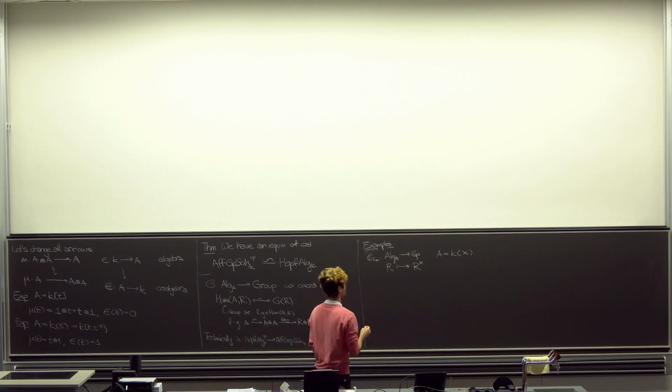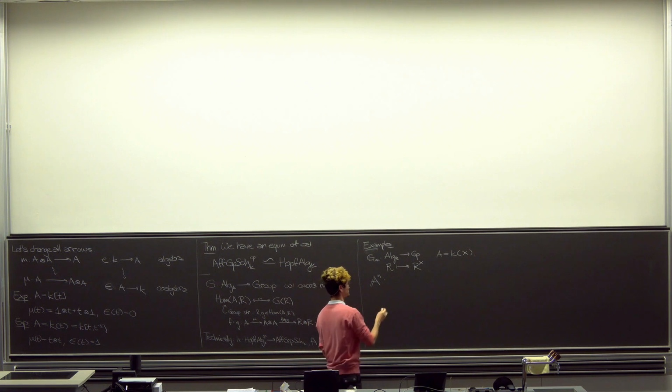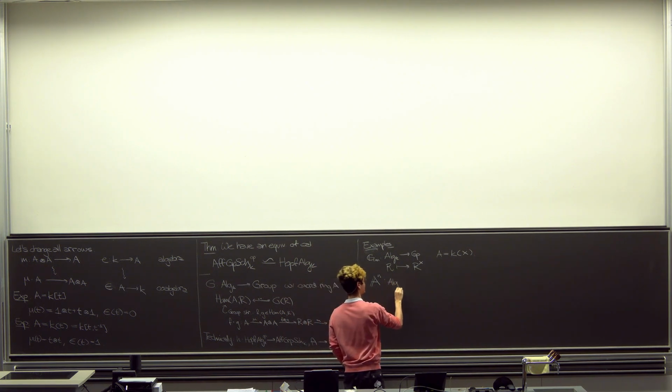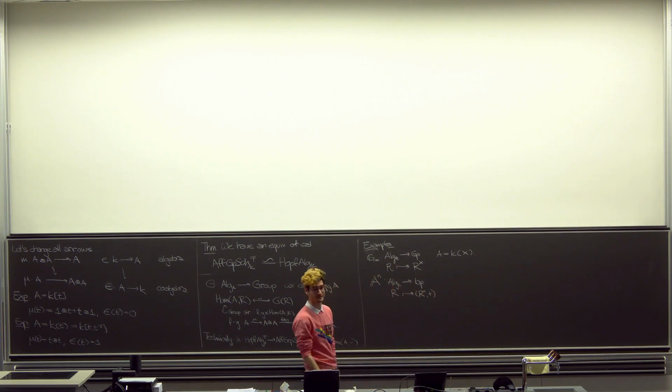Another interesting example, for people that may be familiar with algebraic geometry, some basic course, is that I can turn the affine line or the affine space into an affine group scheme by just sending an algebra R to R to the n, and the group is just given by addition.